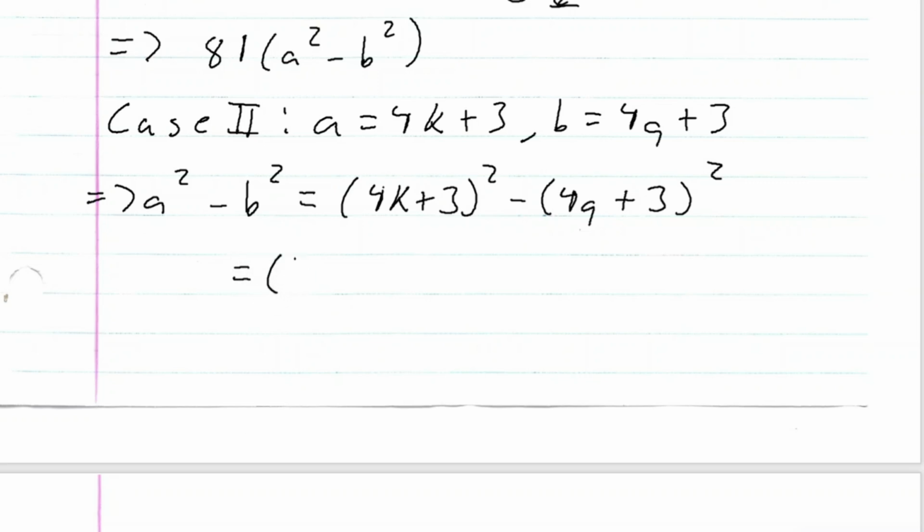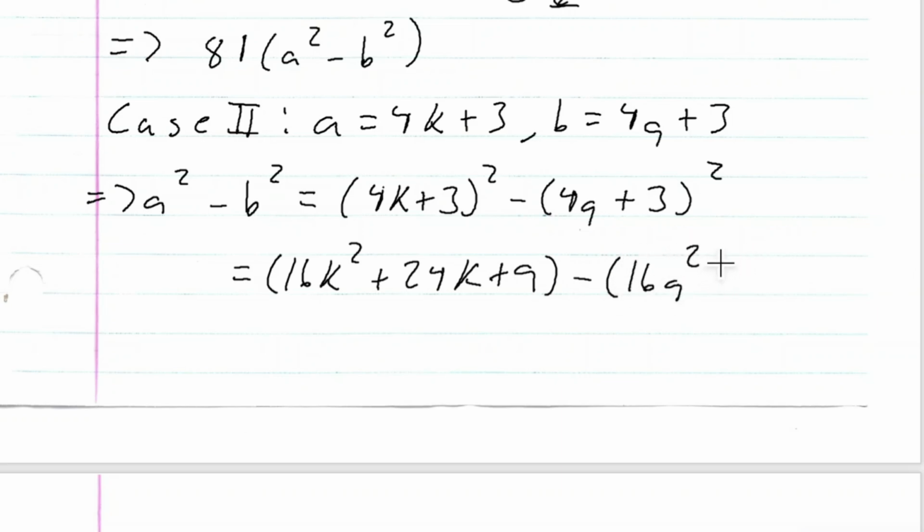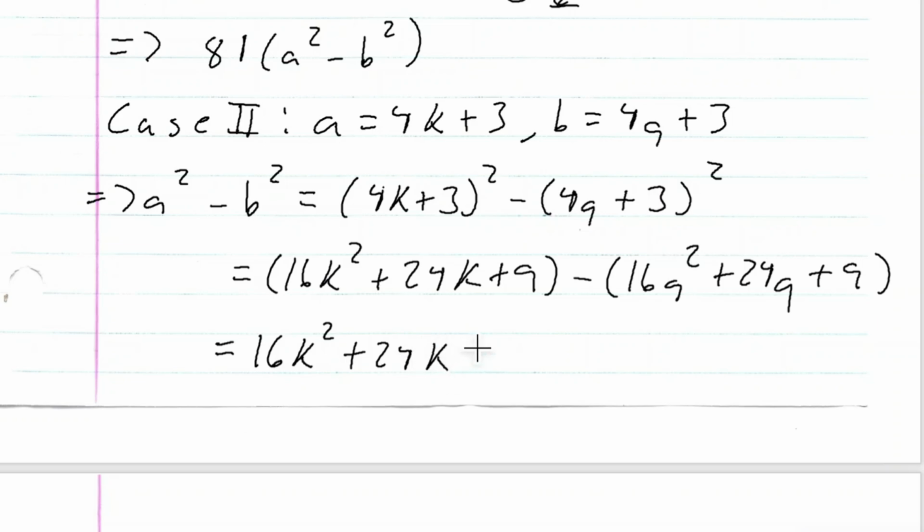And this will be 16k squared plus 24k plus 9 minus 16q squared plus 24q plus 9. And just like with the last one, you can see the 9s are going to cancel and you're going to be left with 16k squared plus 24k minus 16q squared minus 24q.